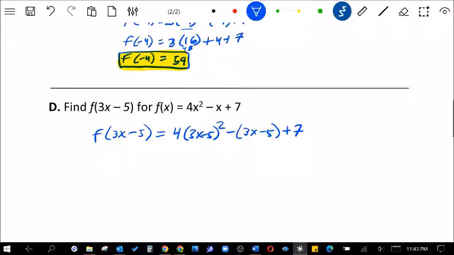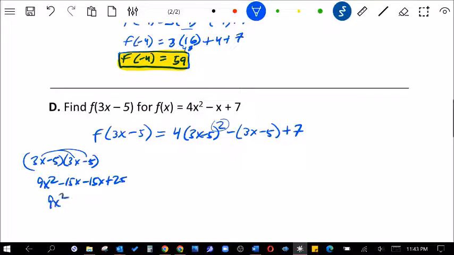So first I'm going to do the squared part here. 3x minus 5 squared gets 9x squared minus 15x minus another 15x plus 25. So we get it where it's minus 30x plus 25. So this is equal to 4.